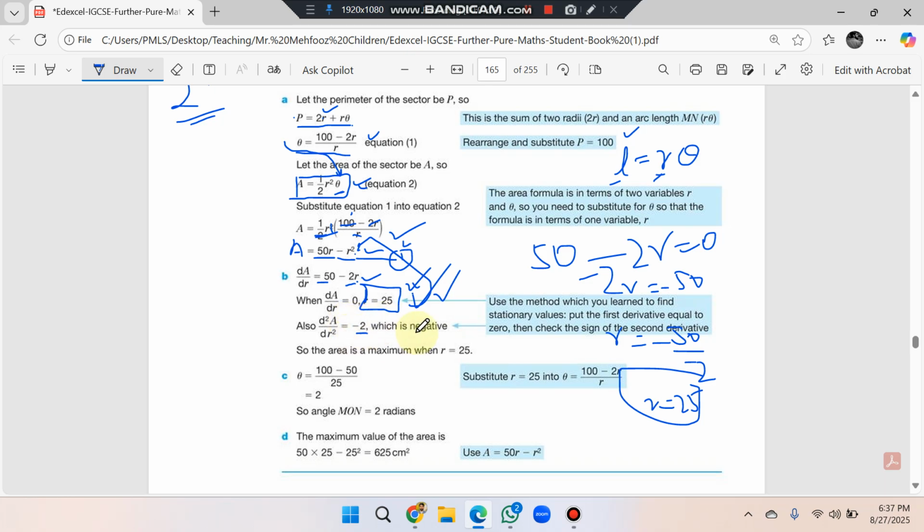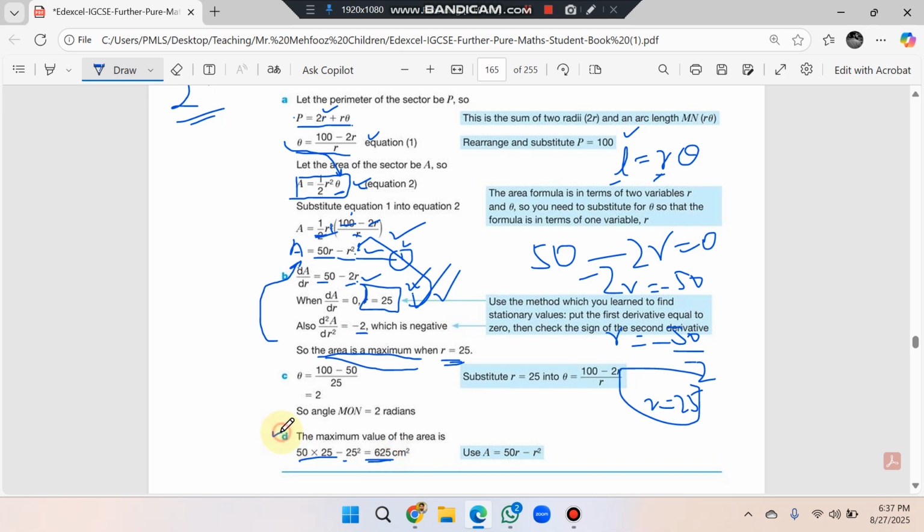When the double derivative is negative, we are dealing with the maximum point. It means that we have the maximum area. So we put the value of r into this area equation. It will become 50 times 25, and minus 25 square, so it will become 625.